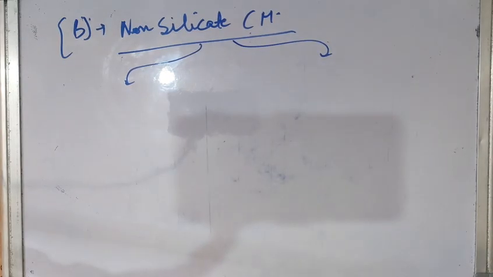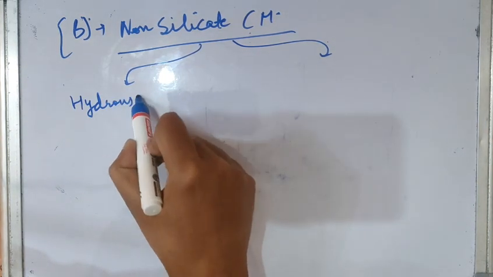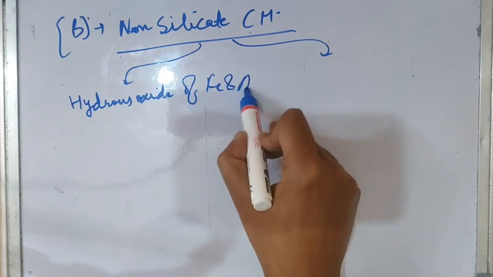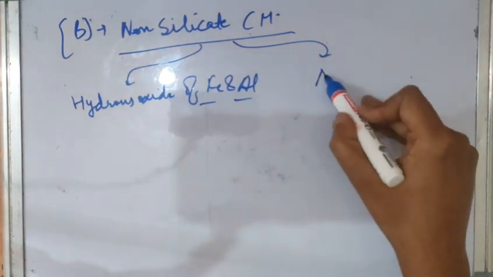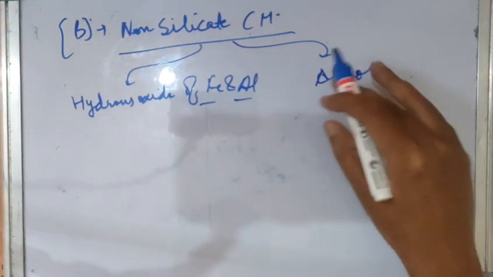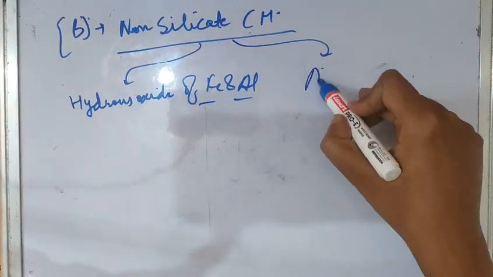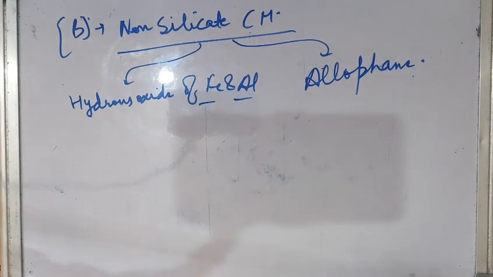First is hydrous oxide of iron and aluminium, Fe and Al. And second type is allophane.